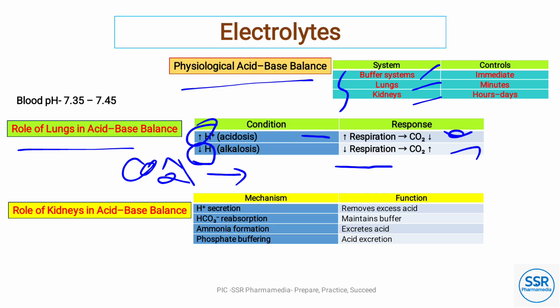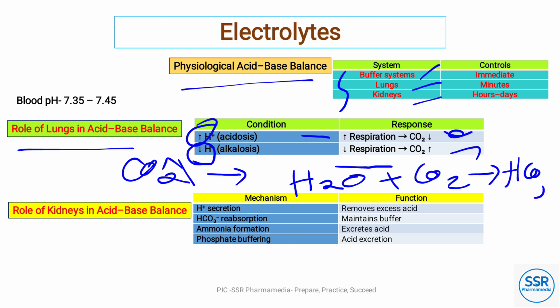The basic concept is that water combines with carbon dioxide to form carbonic acid, H2CO3. Later this carbonic acid dissociates into hydrogen ion and bicarbonate ion. This is the reaction that happens in the lungs.